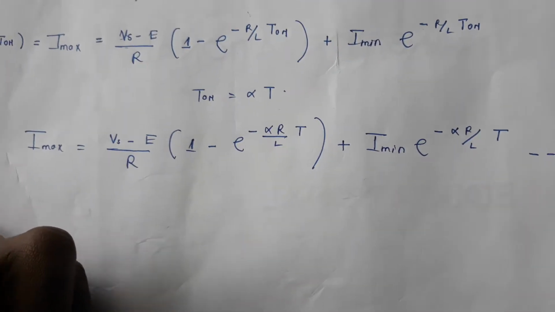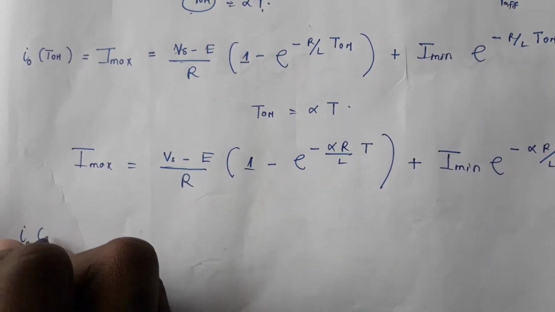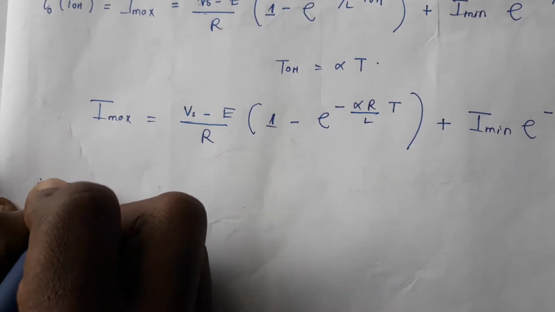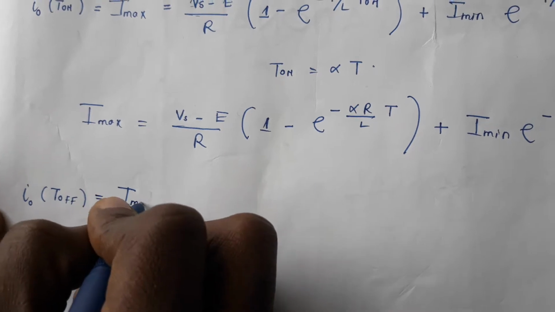For mode 2, when the switch was off, the current at the end is nothing but Imin.